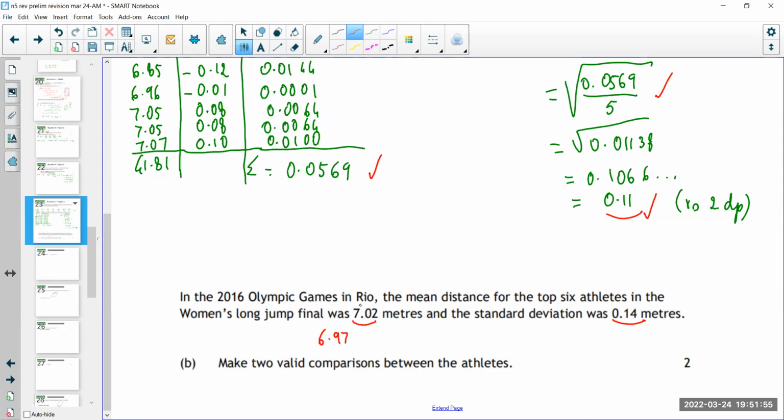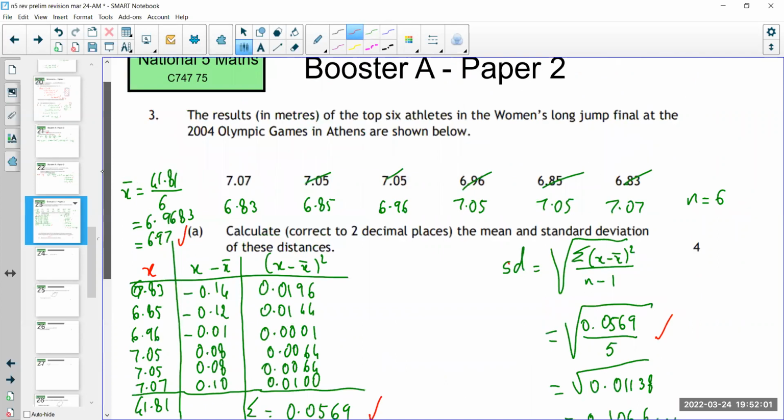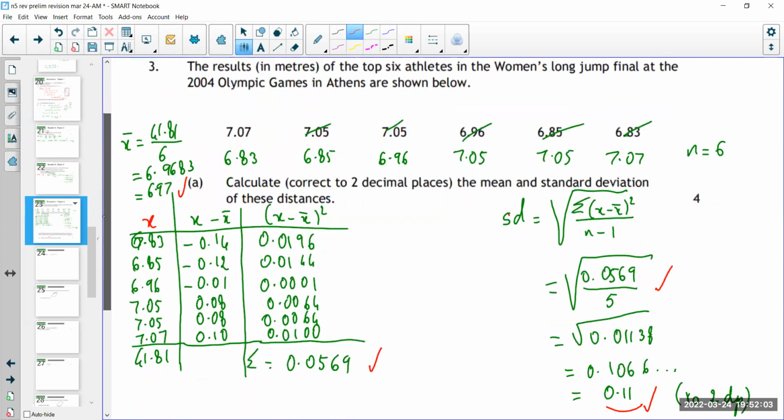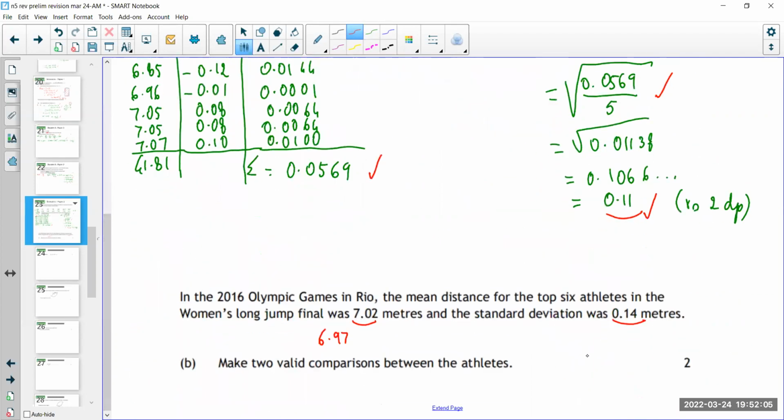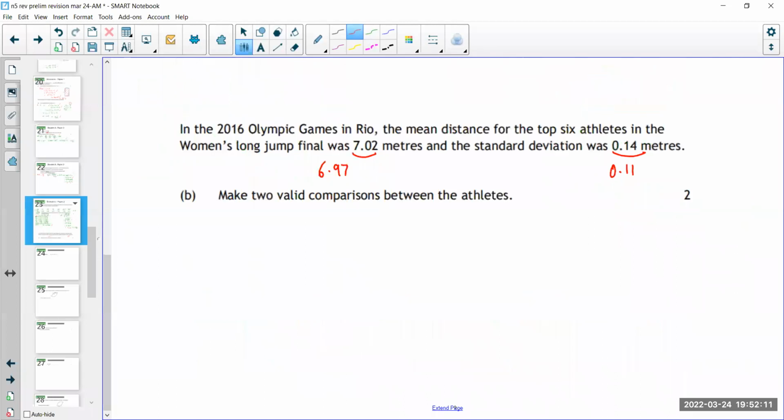So these are the games in Rio. And these are the games in Athens, yeah. So the comparison, we're going to do 0.11. So 2 statements to make.